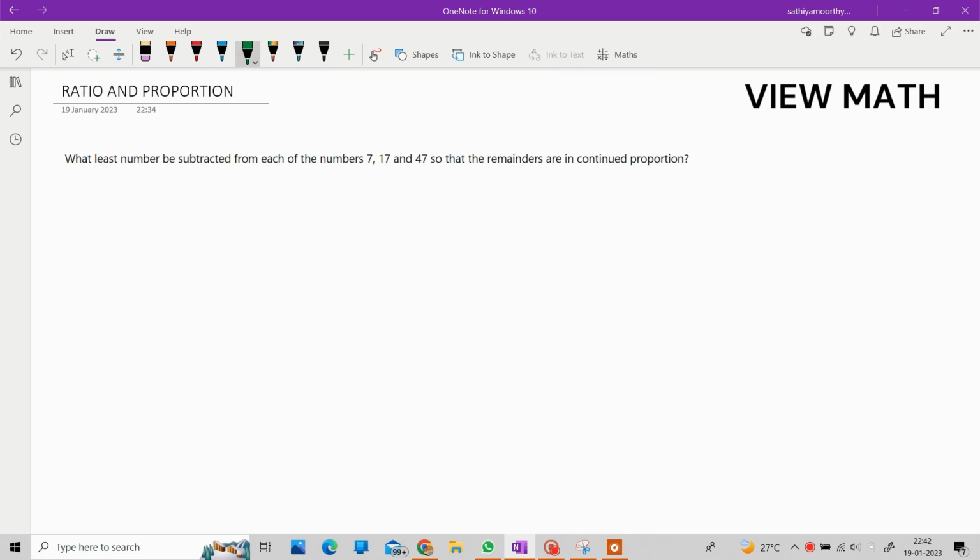So a least number is being subtracted from each of these numbers 7, 17 and 47, and after subtracting, the remainders are in continued proportion. That number is what they are asking us to find.